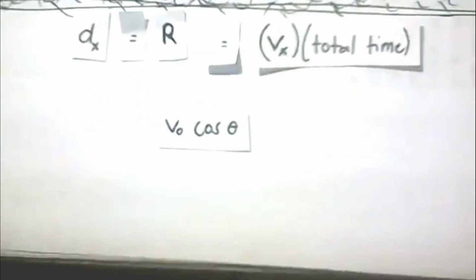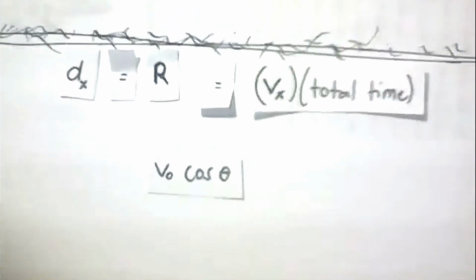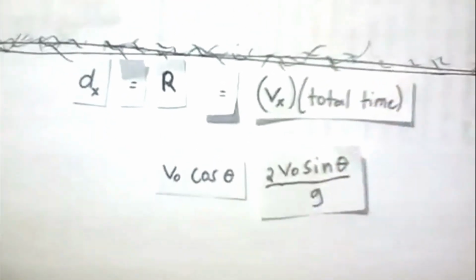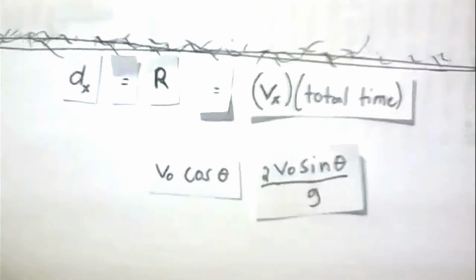That is how you find the range. If you simplify this equation further, you have Vx multiplied by the total time, so V0 cos theta multiplied by 2 V0 sine theta all over g.